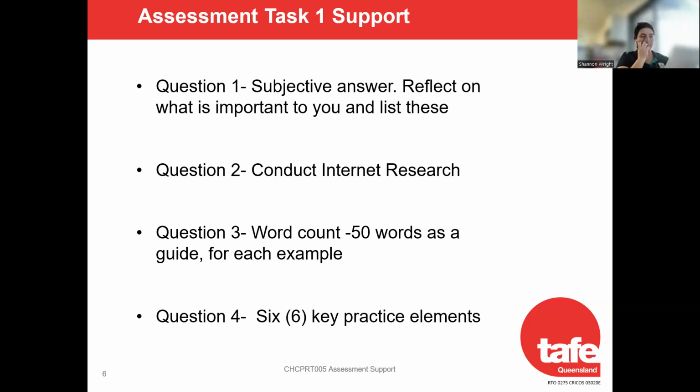Question 2, provide a brief explanation of the roles. You just conduct internet research, and there are A, B, C, D, 4 of them: Family and Child Connect Service, Child Safety Services, Blue Card Services, Child and Family Commission. That's pretty straightforward, and you will find all the information you need, if not in your learner guide, on the internet. Just a paragraph for each?